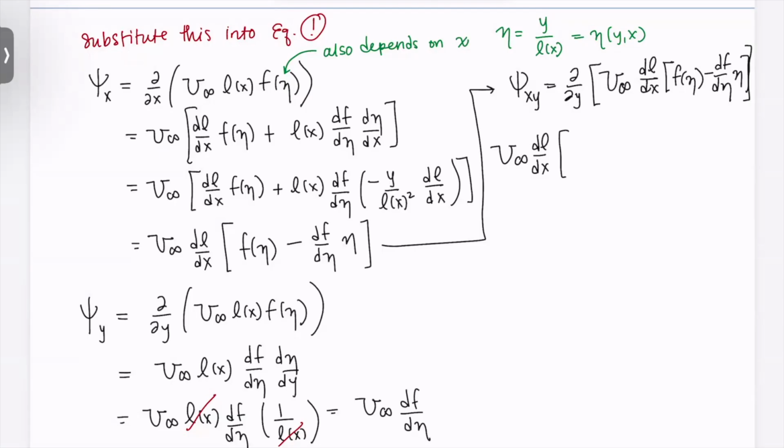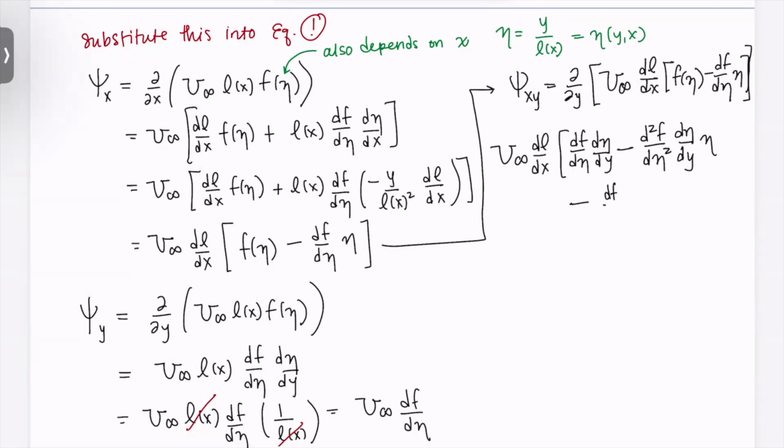Okay, so in the bracket, I'm gonna need to do the chain rule because eta depends on y. So I will have in here df d eta dy minus the second derivative with respect to eta of f, and then d eta dy times this eta, and then I need to do the product rule here.